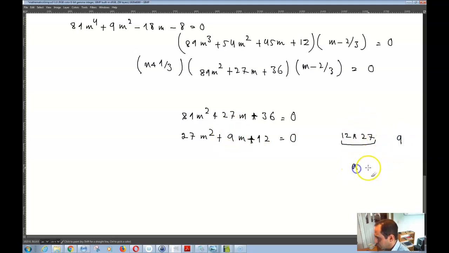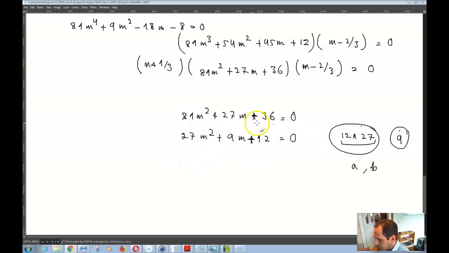Now you need to find two numbers a and b such that the product of these numbers is this number, and the sum of these two numbers is this number, and then those two numbers you can use to factorize this equation. But I suppose this equation does not even have real roots, so I'm not going to try that.